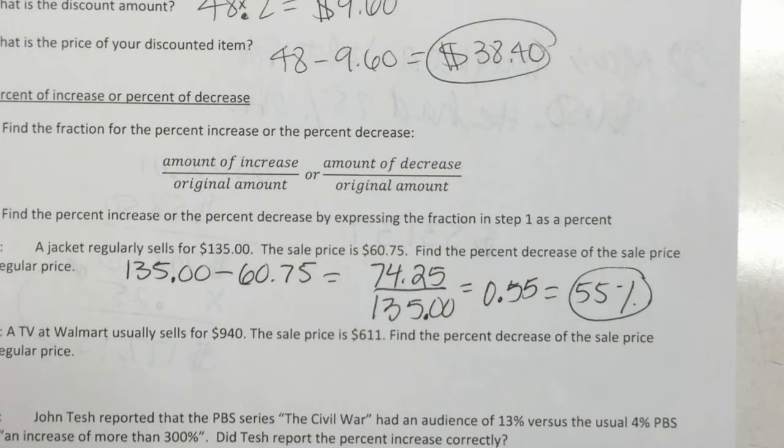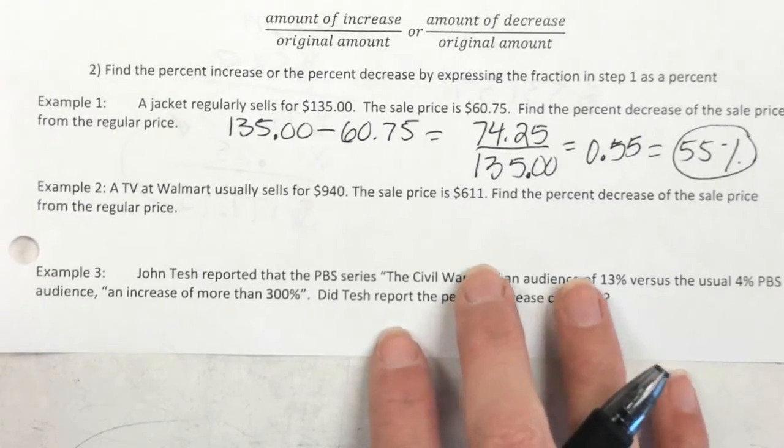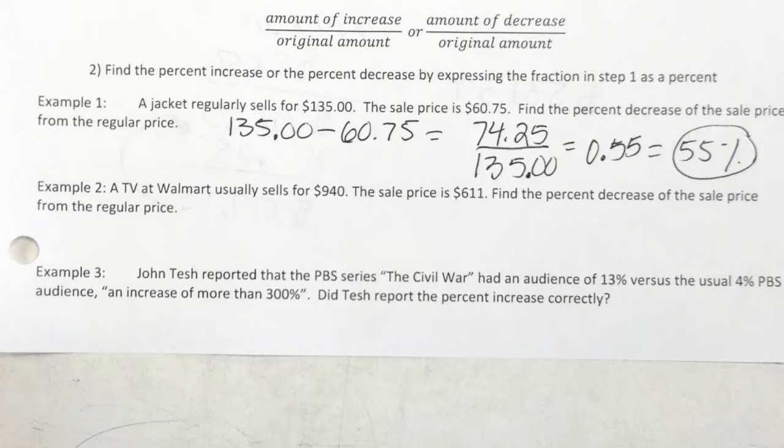All right. Try example 2 on your own, then I'll call on somebody. Alright, anybody want to help me with example 2? Alright, Alonde, read it out loud. The whole question. A TV at Walmart usually sells for $940. The sale price is $611.